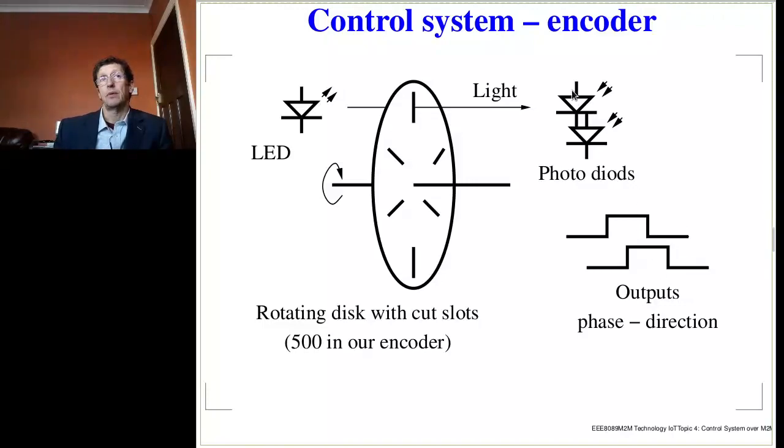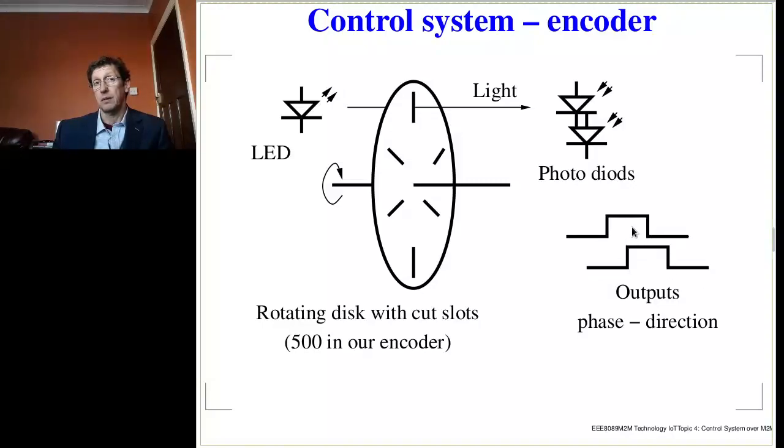So why do we have two of them? If the rotation is in this direction, it means that this LED is first illuminated, this one is second illuminated. So we have this protocol that the first pulse goes up before going down, the second goes up, then the first goes down, then the second one.